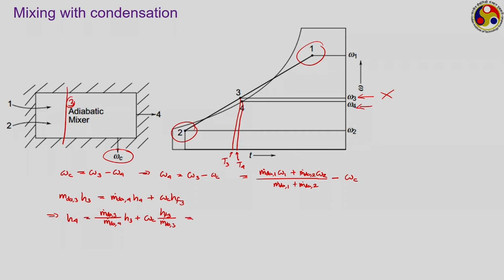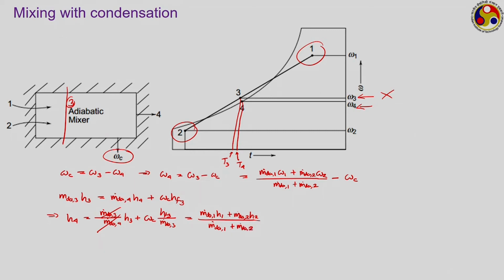So, it becomes just H3, these two cancel out, and we know that H3 can be written as (m dot dry air 1 H1 plus m dot dry air 2 H2) by (m dot dry air 1 plus m dot dry air 2).